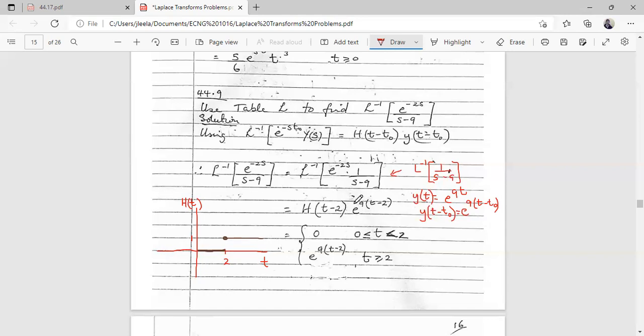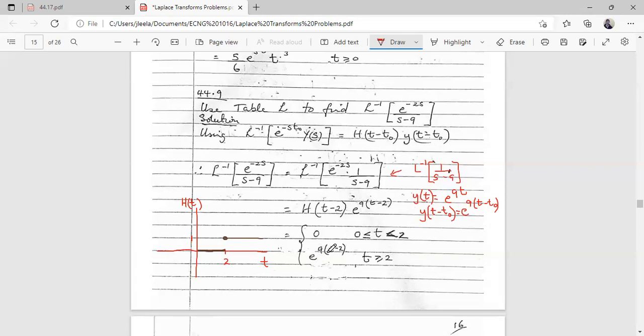So therefore, you could break this up using the piecewise definition. If you multiply 0 by e to the 9 times t minus 2, you'll get 0. So between 0 and 2, the function is 0, because 0 by anything is 0. Beyond 2, the Heaviside is 1, so you're multiplying 1 by e to the 9 times t minus 2.